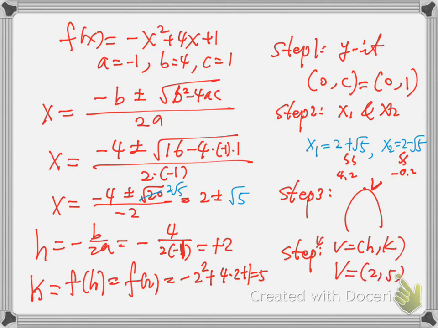Step 4. And step 5 is the x of symmetry. Symmetry is x equals h. So x is 2. So this is the calculation part for this question. Now let's draw the picture.